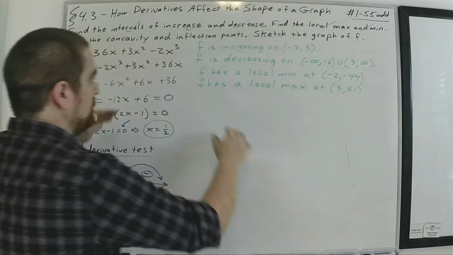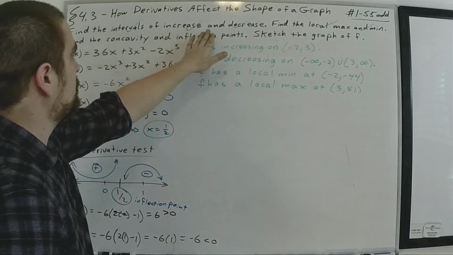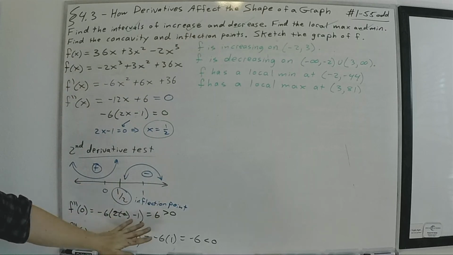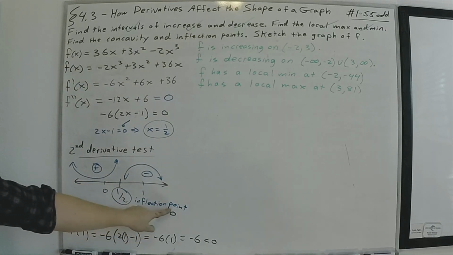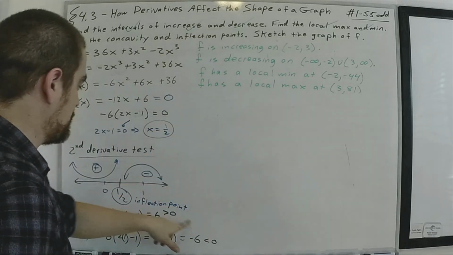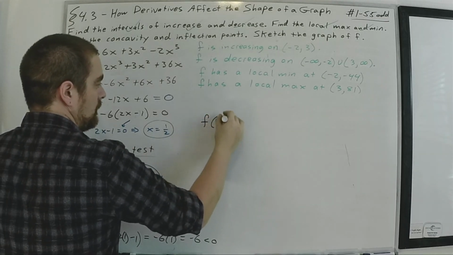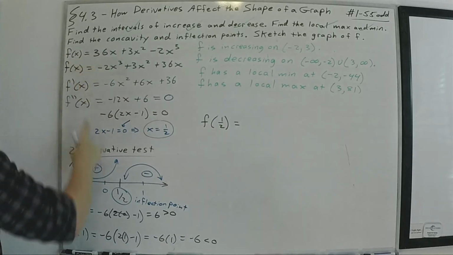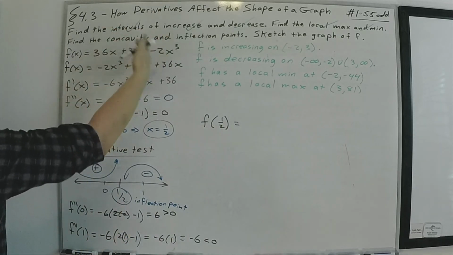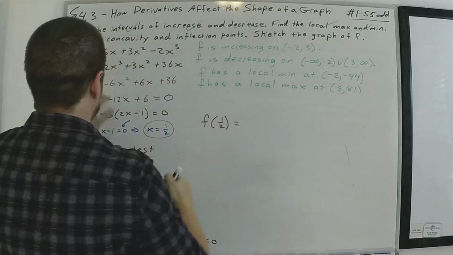So again, we have the intervals for concavity, and we found where the inflection point happens, but to label it as a point, like an ordered pair, I'm going to have to go ahead and find the y value. I'm going to have to go back to f and plug in that 1/2 value and see where the inflection point actually happens for the x and y coordinate.